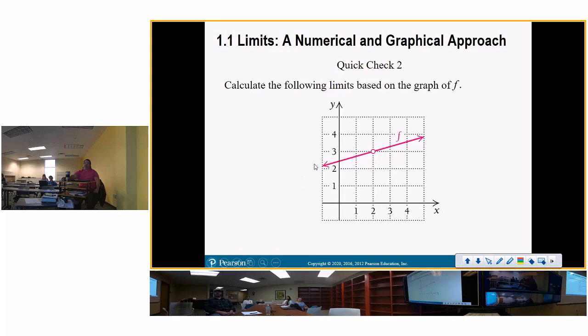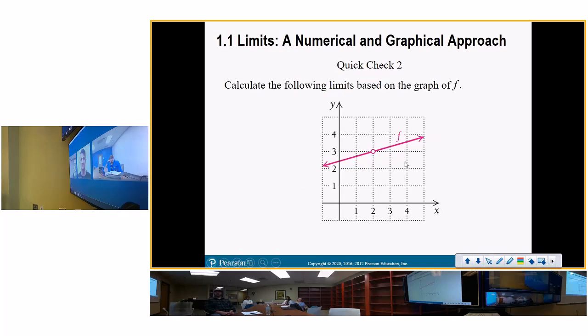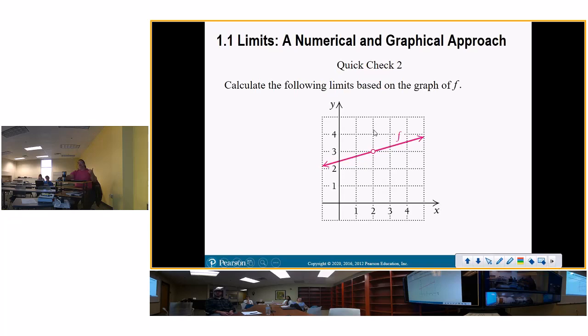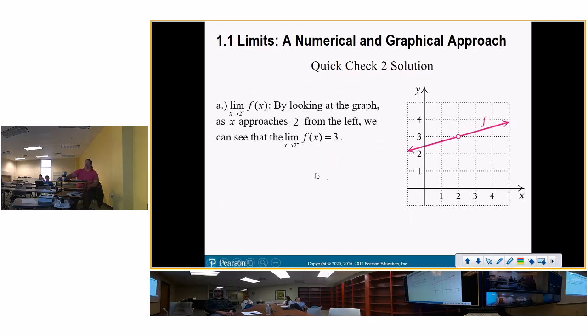So the limit does exist. It is discontinuous because it does not jump over this little bubble right here. You don't have a dot down here or up here to cover that up. So the limit does exist. The limit is 3.